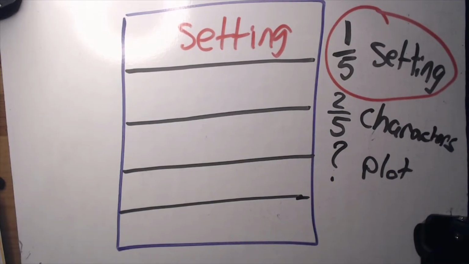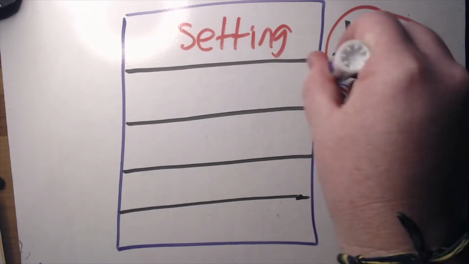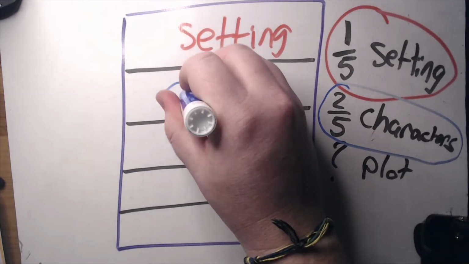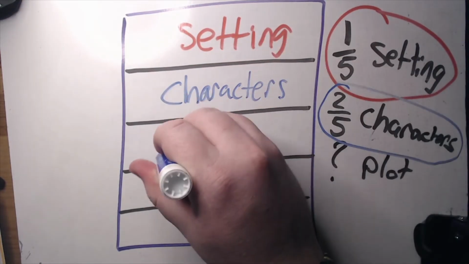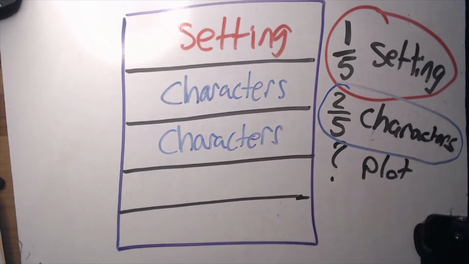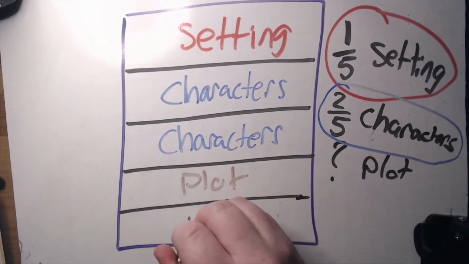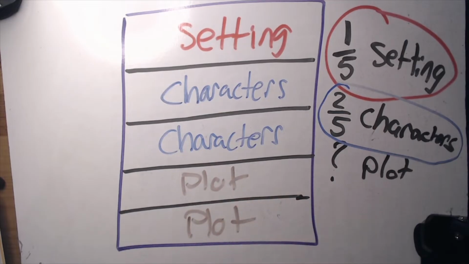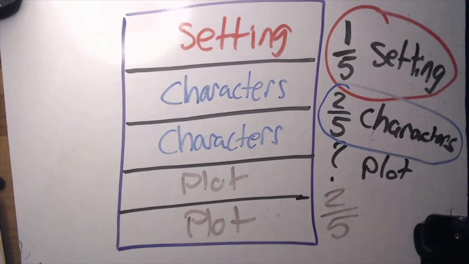Next, we need 2/5 of this for characters. So I'm going to circle that in blue and write characters. And now we just have the rest for plot, which means we have 2 of our 5 pieces, which gives us 2/5.